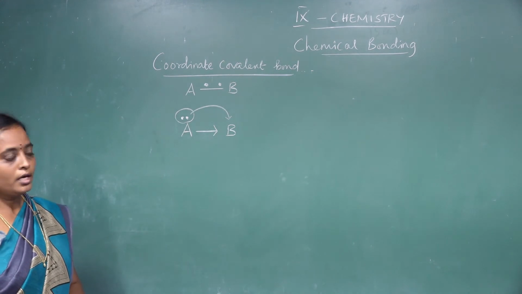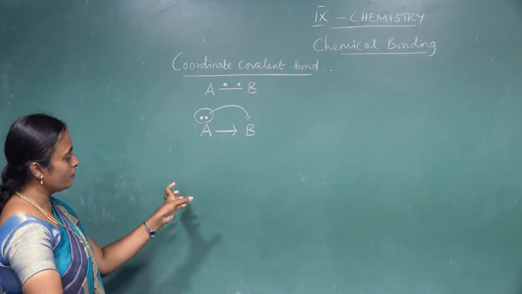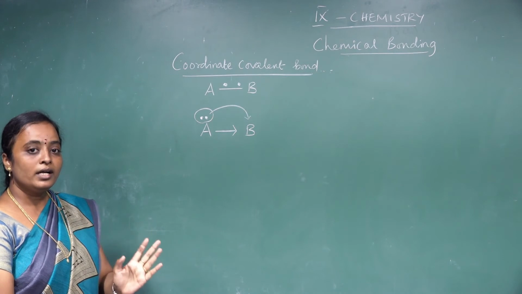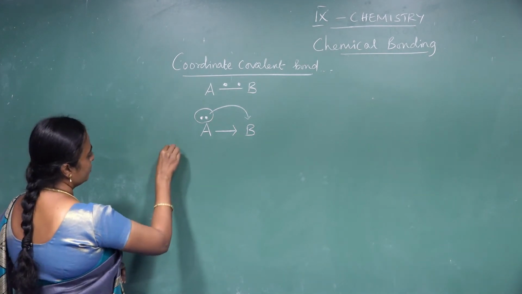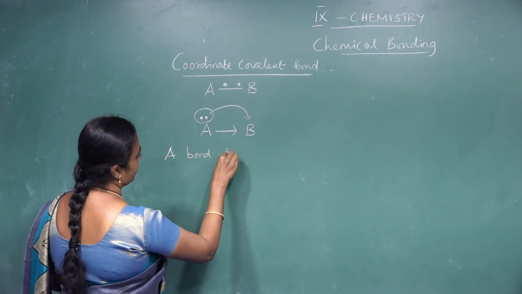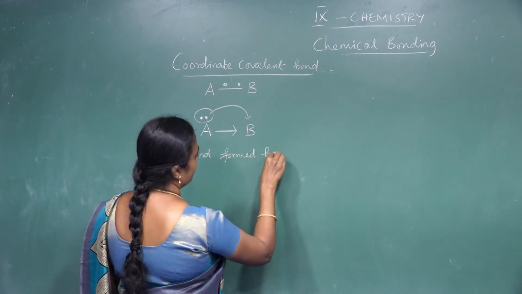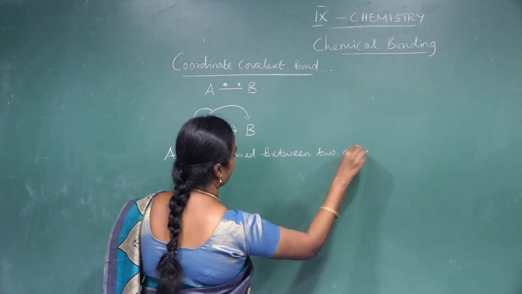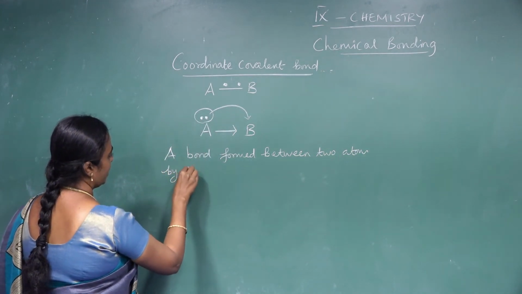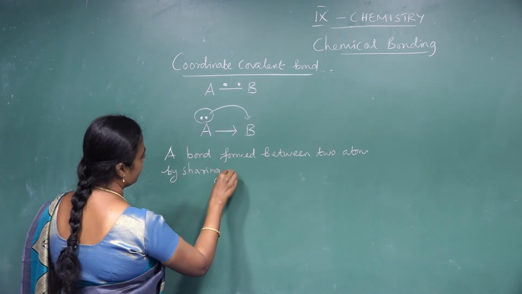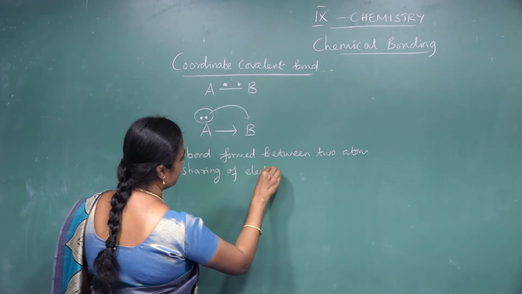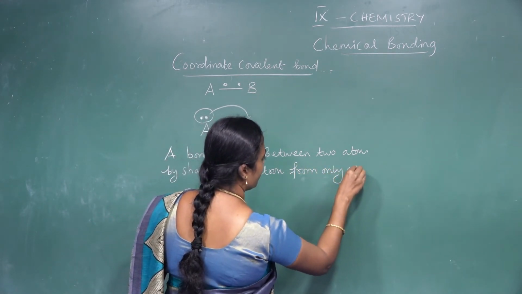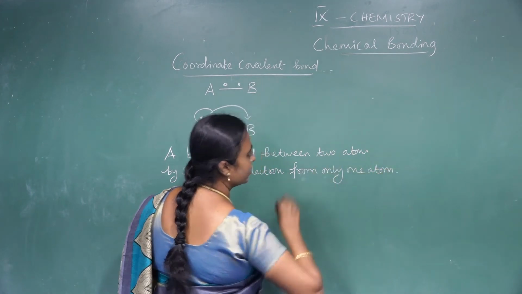A coordinate covalent bond is usually represented by a headed arrow mark. So whenever a bond is formed between two atoms by sharing of electrons from only one atom, this is called a coordinate covalent bond.